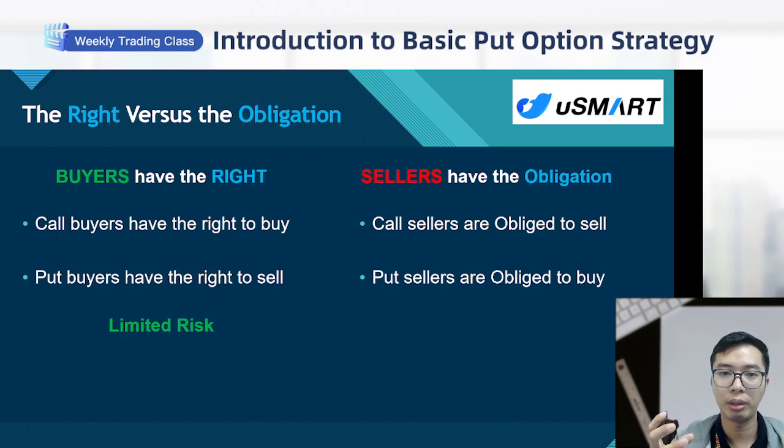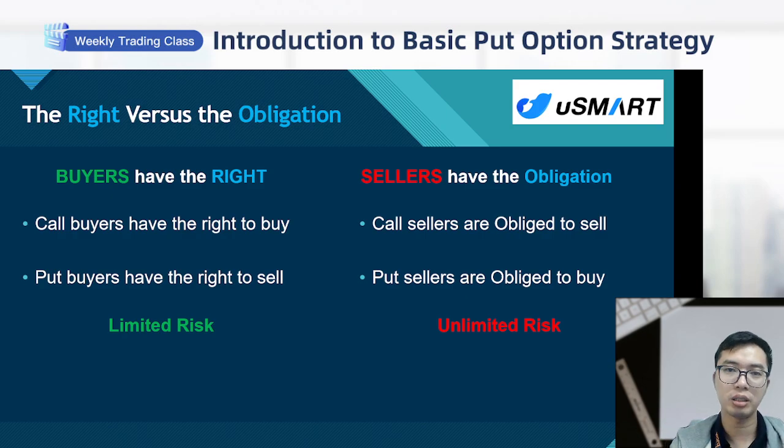And always remember, the sellers always face unlimited risk. For the exact reasons, you can look back to the past weekly trading classes, the basic trading classes. If I talk about it again, it will take a long time. So you just have to remember, the buyers have the right, the sellers have the obligation.